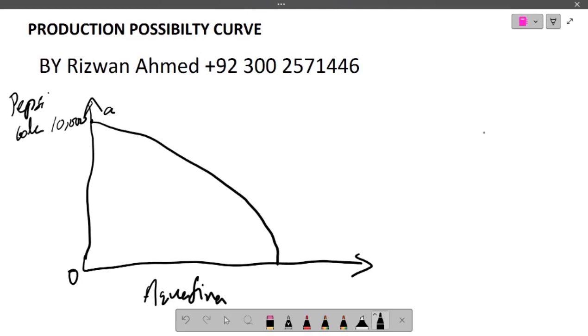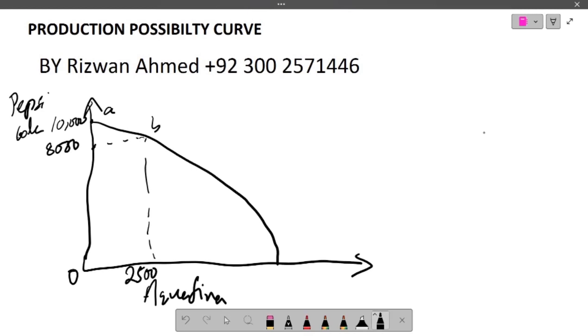But the problem is that the Pepsi company did not have sufficient capital. So they reduced the production of Pepsi Cola to 8,000 units, and then they introduced Aquafina at that time, producing 2,500 units of Aquafina.